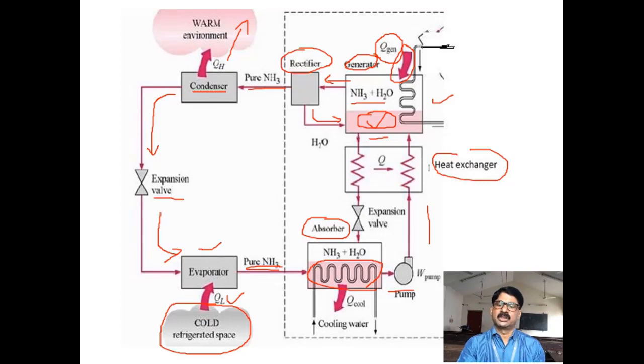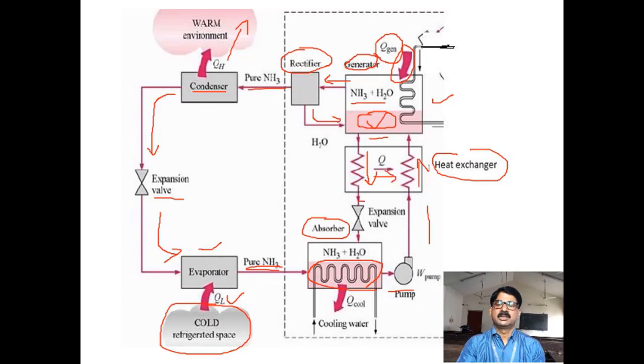So this is regeneration. That is why this hot weak solution of ammonia and water is made to pass through this heat exchanger in the downward direction, whereas the strong ammonia solution, which is at lower temperature than this weak solution, is made to pass in the upward direction, so that there is some heat transfer between the weak solution and the strong solution.